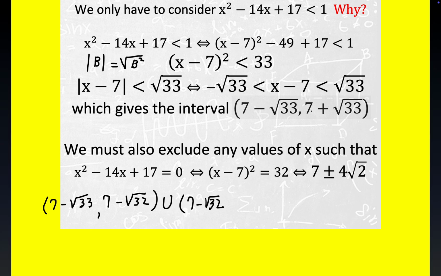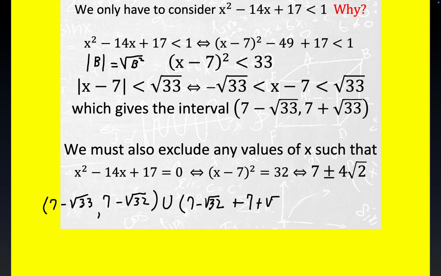Or let's see, we have that, and then we have to do this again, and then we have 7 plus 4 root 2. And I'll just write that as 7 plus root 32.